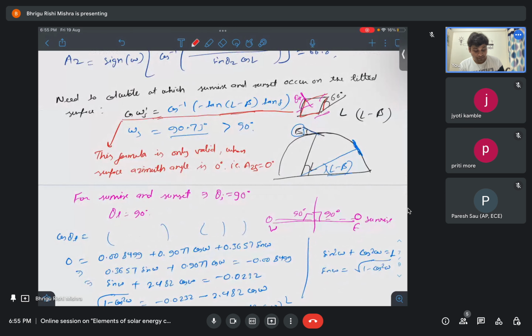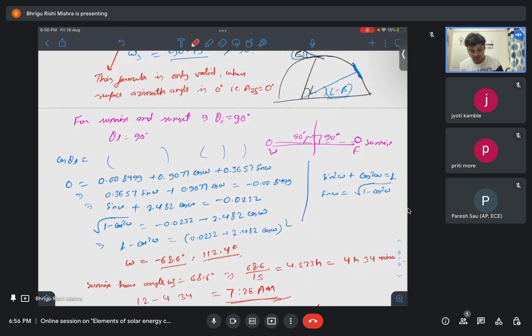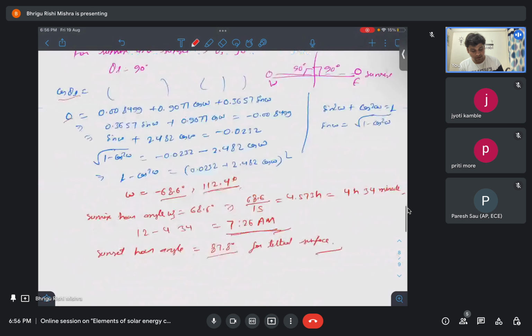So what we did, we put theta t equals 90 degree for the sunrise or sunset at the surface. We used the formula for the incidence angle on this tilted surface, and putting theta t equal to 90 degree, that means cos theta t is 0, we calculated omega. Since the final expression is quadratic, we get two values of omega.